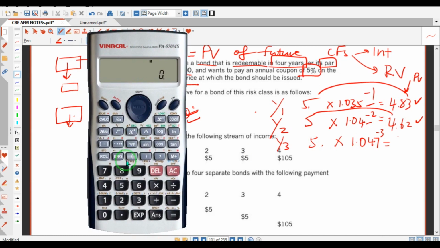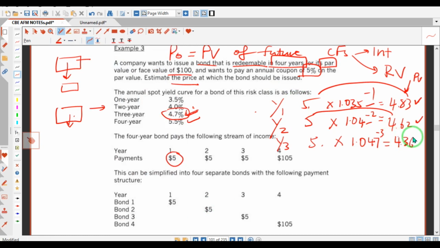We press $5, multiply by 1.047 to the power of -3. It's going to be about 4.36. That is the figure that I will invest today to get that year 3 $5.